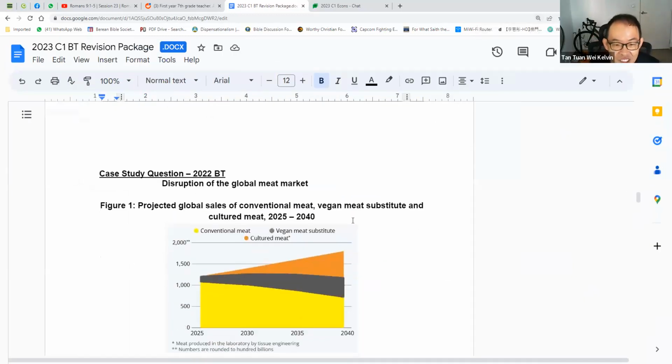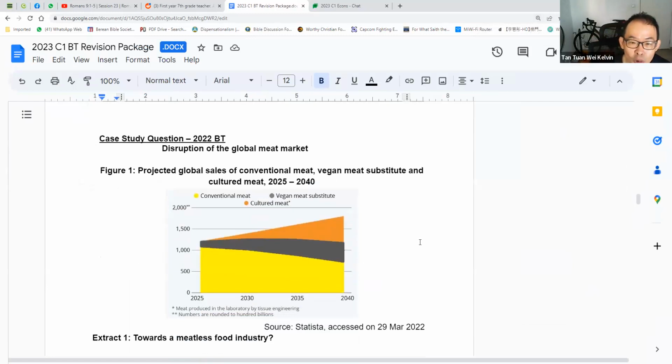Now, if you look at this chart here, projected global sales of conventional meat, it tells you that the orange part here refers to cultured meat. The asterisk tells you that it's meat produced in the laboratory by tissue engineering.